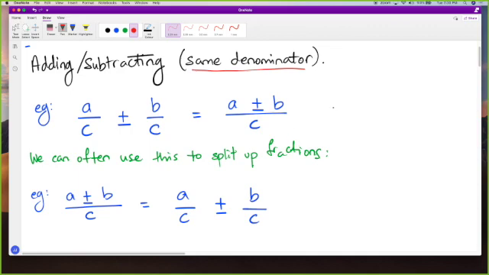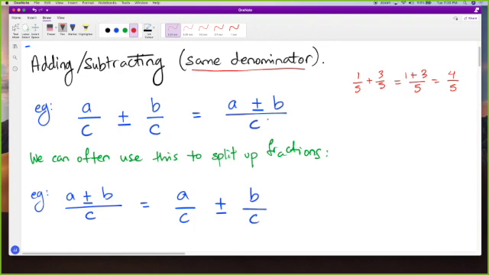Yes, sir. All right. So adding fractions that have the same denominator. An example would be 1 over 5 plus 3 over 5. And when fractions have the same denominator, you can keep the denominator and just add the numerators, or subtract, depending, right? So 1 plus 3 is 4 over 5, right?